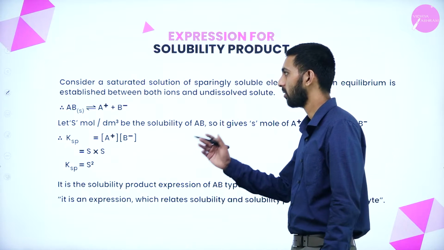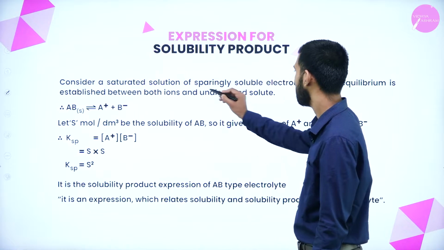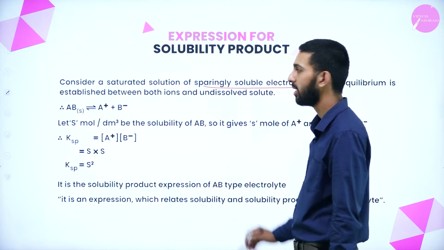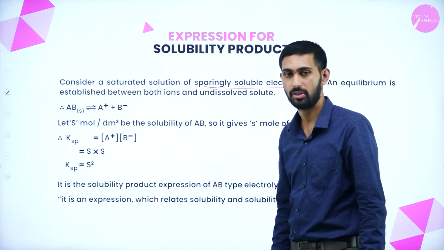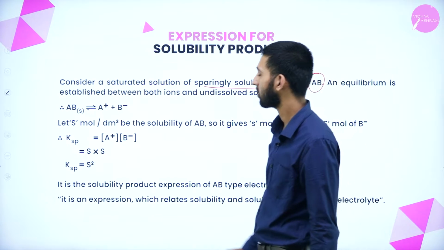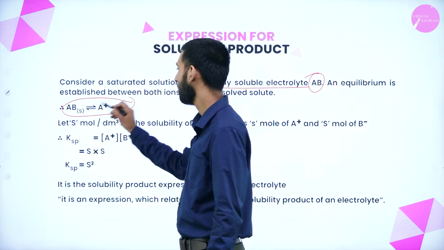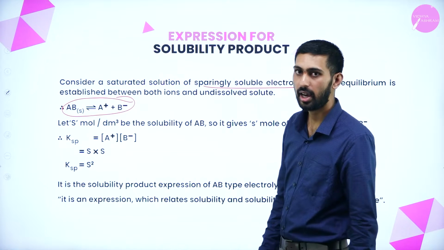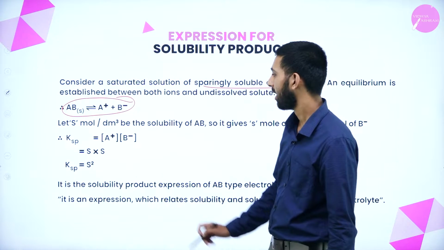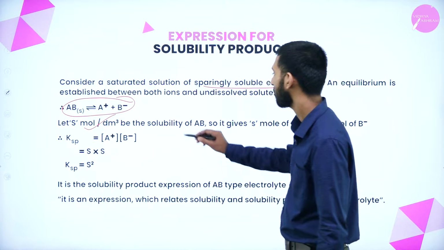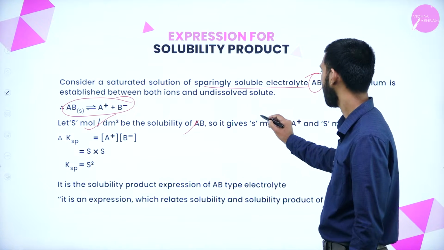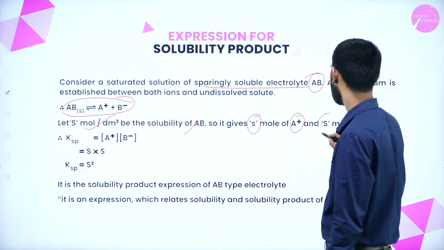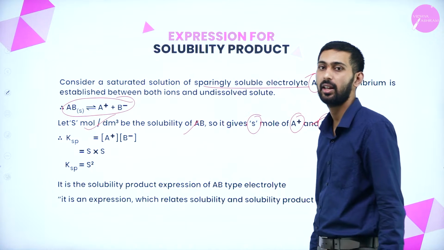Now let us take a saturated solution of a sparingly soluble electrolyte AB. Now equilibrium will be established, and A plus and B minus will be the ions we get. Let S moles per dm cube be the solubility of AB. So it gives S moles of A plus ion and S moles of B minus ion.